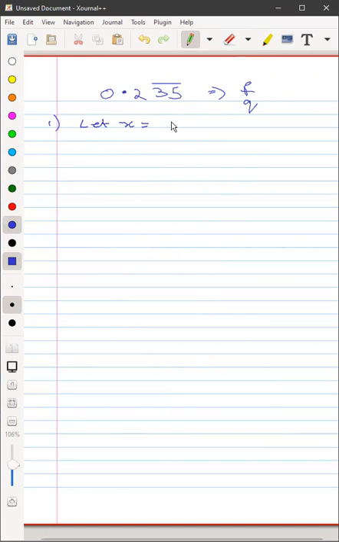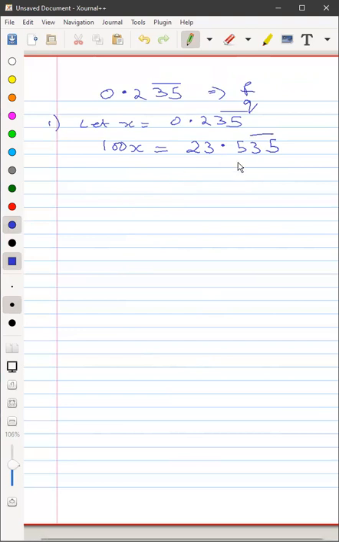Then 100 into x is equal to 23.535 bar. Did you get this 100x?